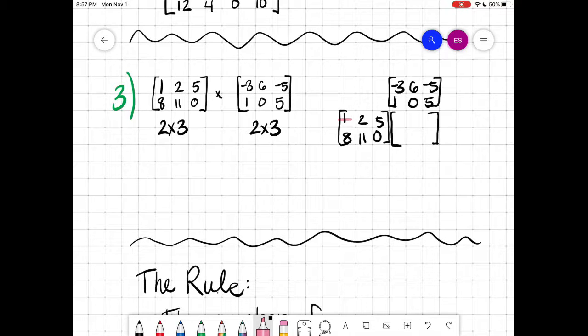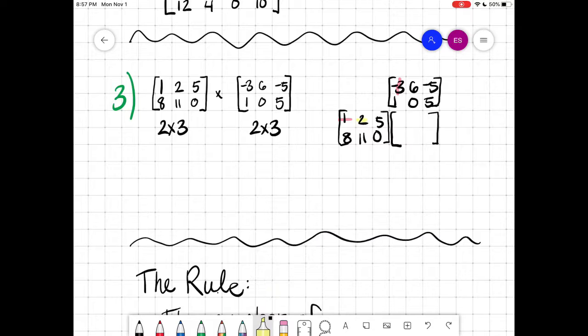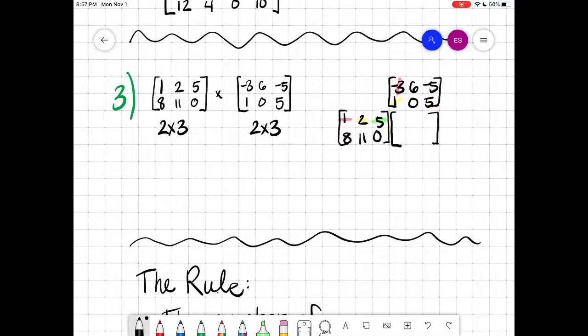So we've got 1 times negative 3 plus 2 times 1, and then plus 5 times, wait a second, what are we going to multiply 5 by? We want to multiply 1 times negative 3, 2 times 1, and 5 times what?